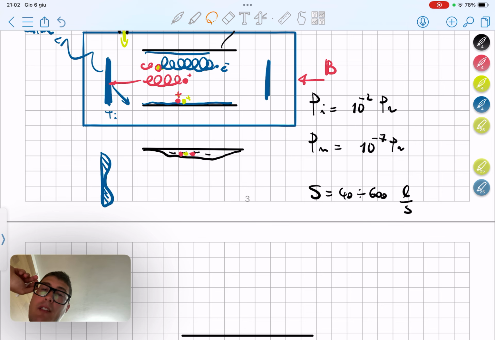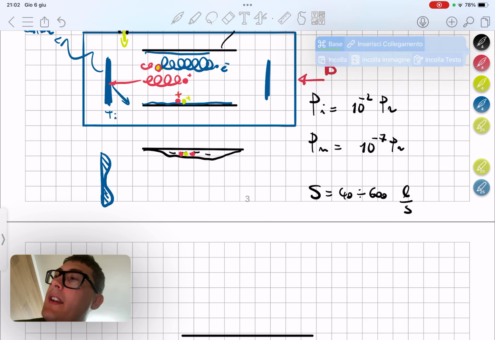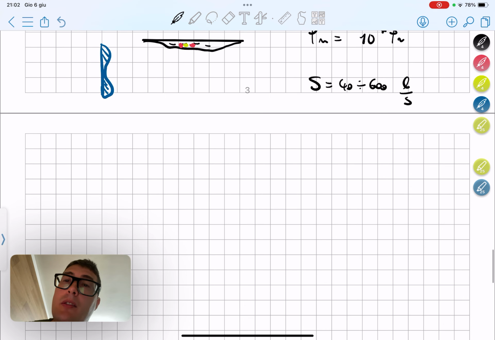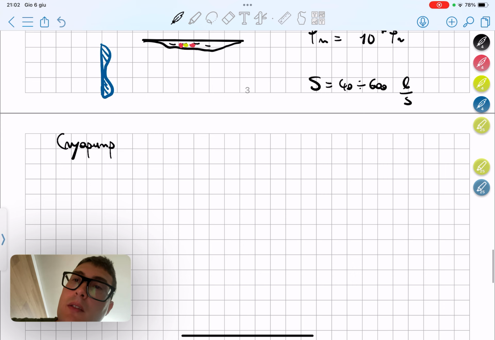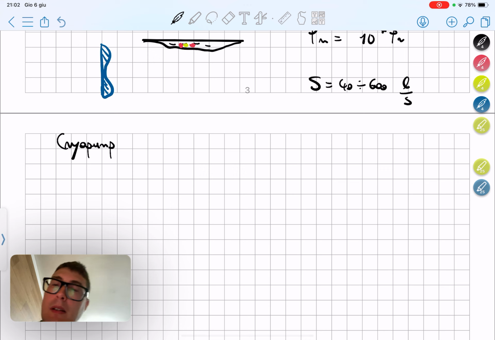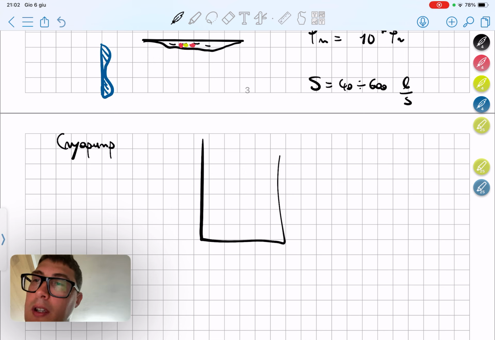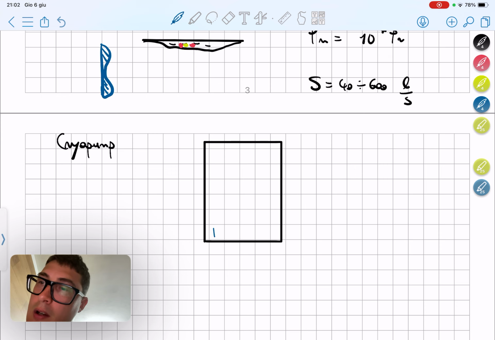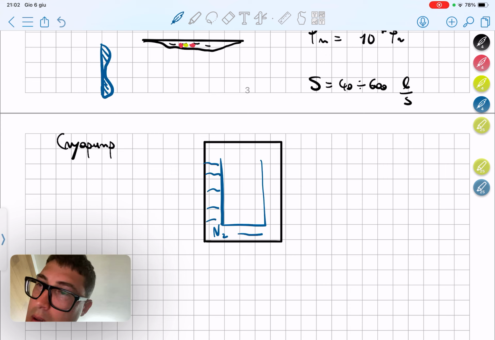There is also another one which I didn't mention earlier, which is the cryopump. Okay, cryogenic pumps are essentially a container which is immersed in a very low temperature liquid, almost close to absolute zero.